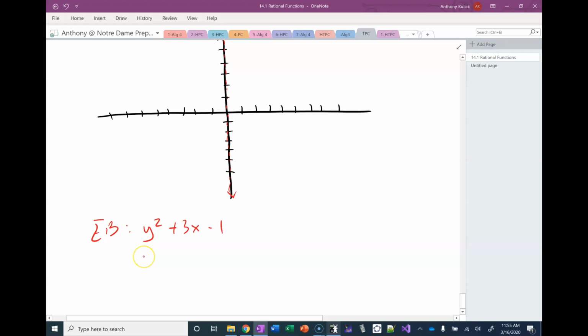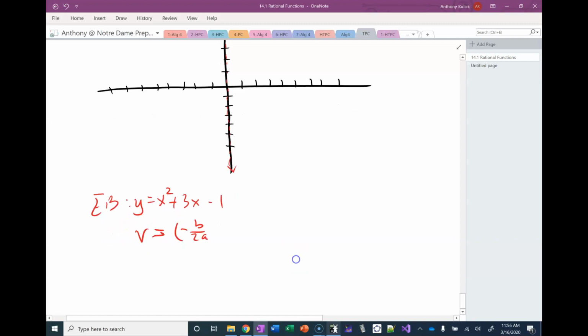We need the vertex, and then we need 2 points on either side of the vertex. So the vertex is equal to the x-coordinate is -b over 2a. Thank goodness. Try to write things correctly there. And then whatever I get when I plug that in.